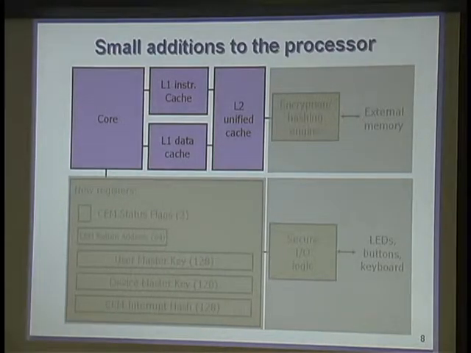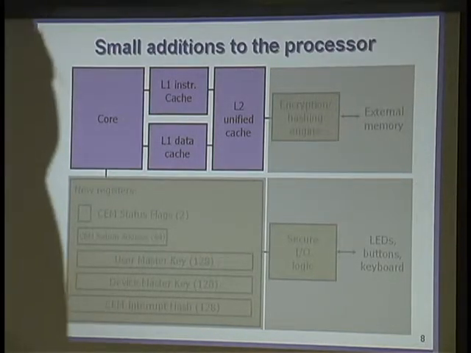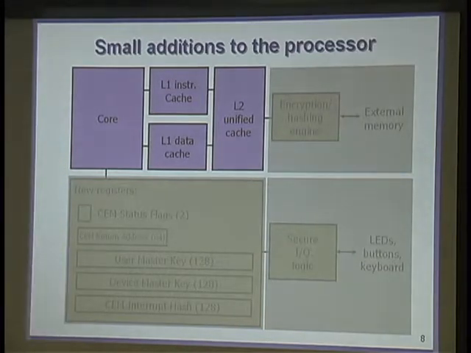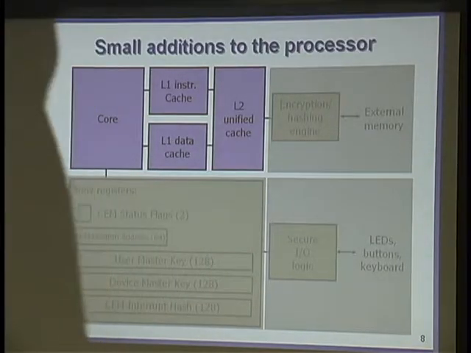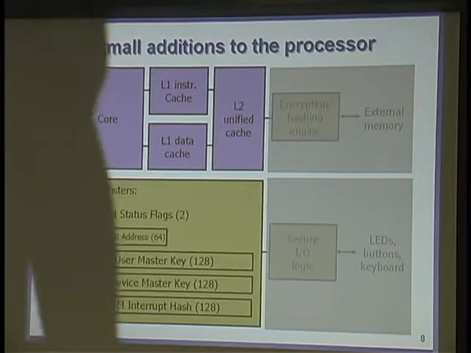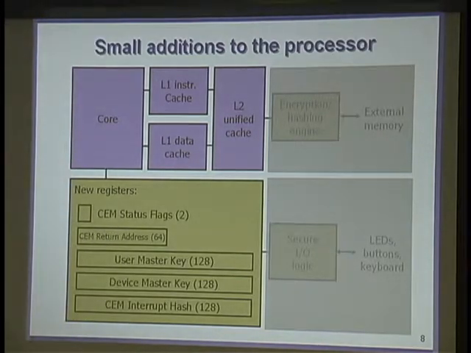We are going to add some small additions to the processor. Okay, so here is the basic processor with its execution core and registers, the L1 and L2 caches, and the L2 unified cache. And what we're going to add are 4 new registers and 2 flags, okay?